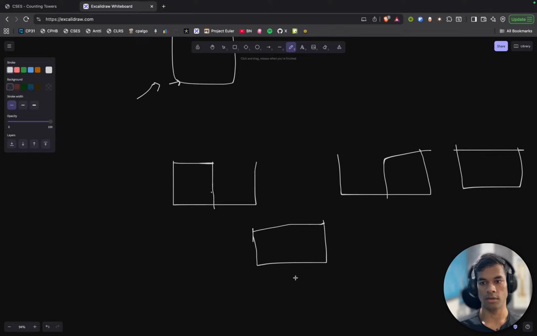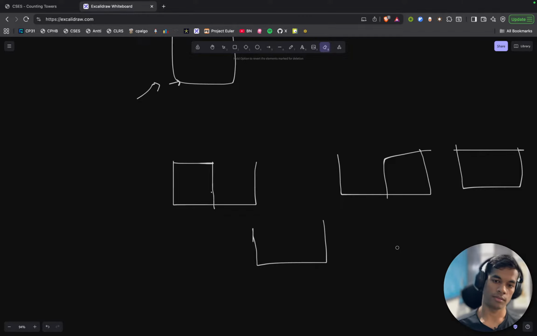Well, not this, but keeping it open is one of the choices. But yes, I can make any of these choices when I'm at the bottom row.